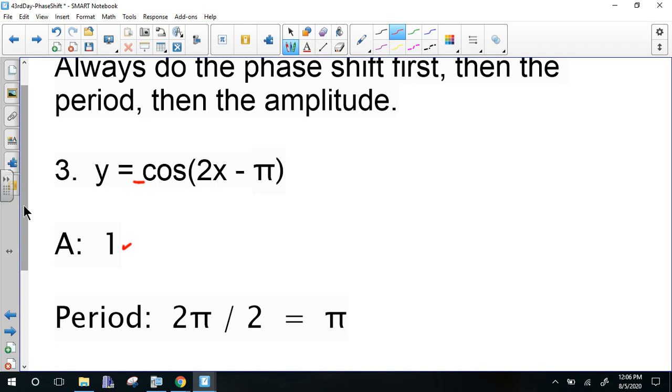My period is going to be the 2 pi divided by the number in front of x, which is 2. I get pi. My phase shift is going to be the number added or subtracted to the x, pi, divided by the number in front of the x, pi over 2. Negative means it goes right.